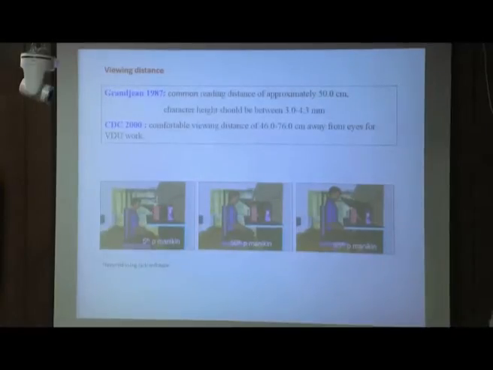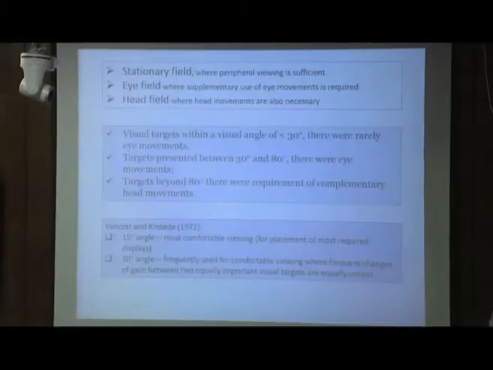On the board, what we drew was related to the line of sight. Wherever we are looking, around that line of sight are those angles. When we discuss station field, eye field, head field, those are around the line of sight.